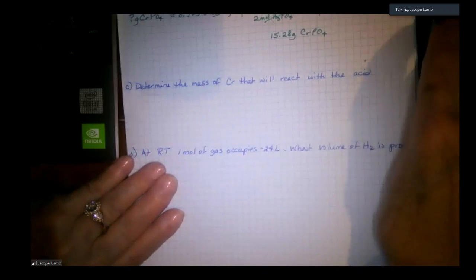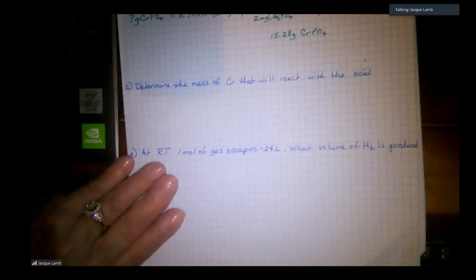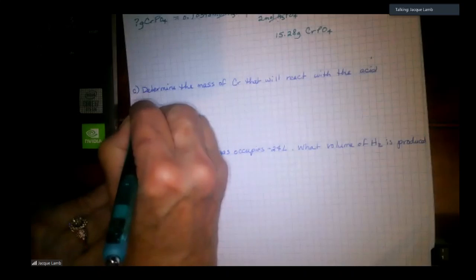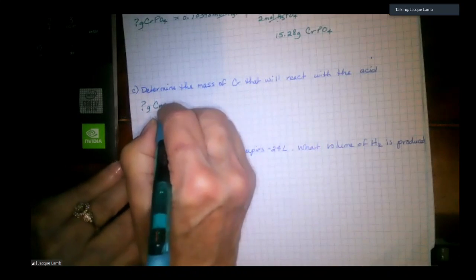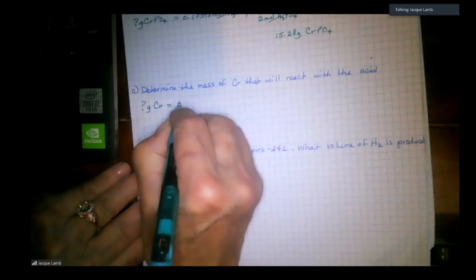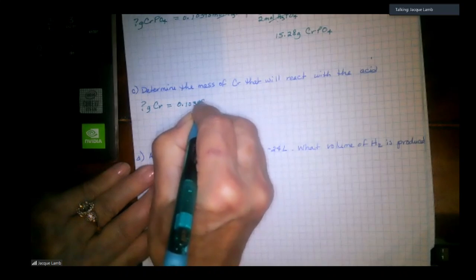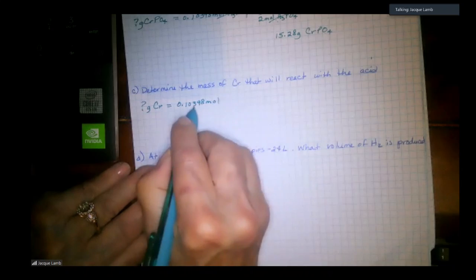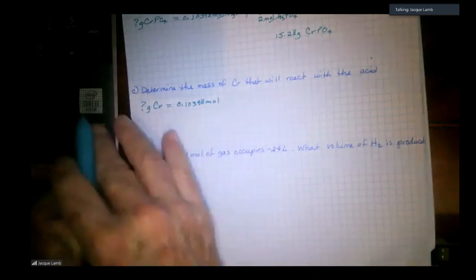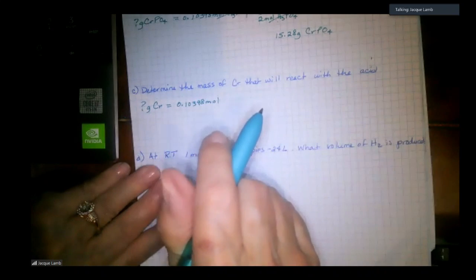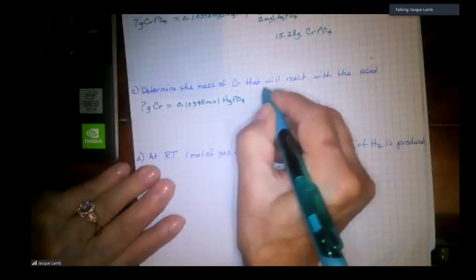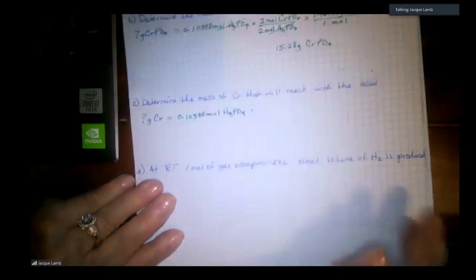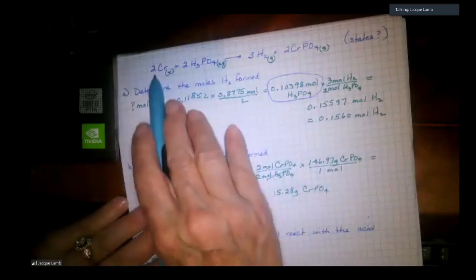Okay. All right. So the next question is determine the mass of chromium that will react with the acid. So how many grams of chromium? It's the same number of moles, equals 0.10398 moles. Notice that I am taking 5 digits all the way through and then rounding at the end in each case. So this is H3PO4. And this time it is 2 to 2.